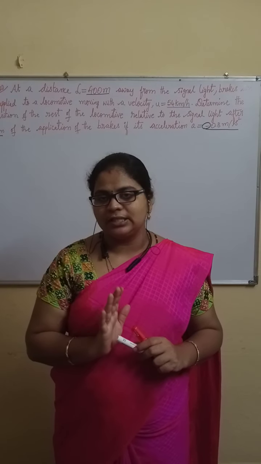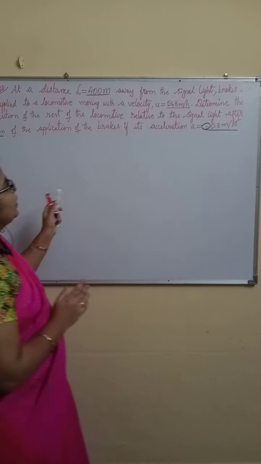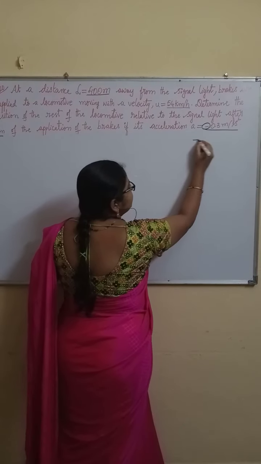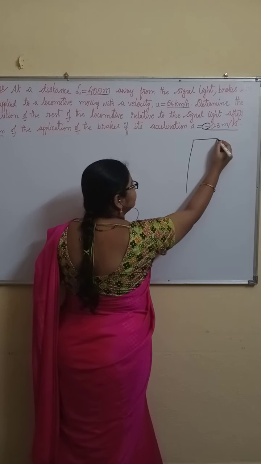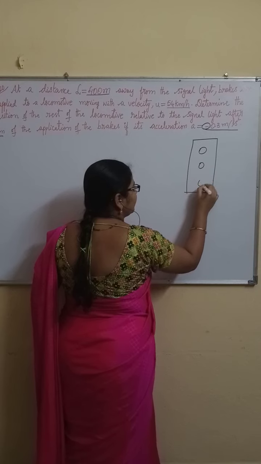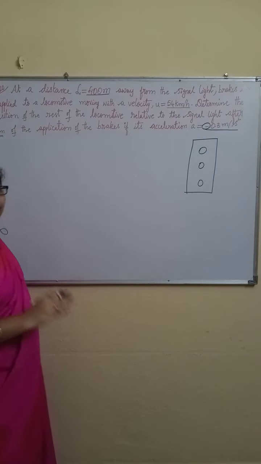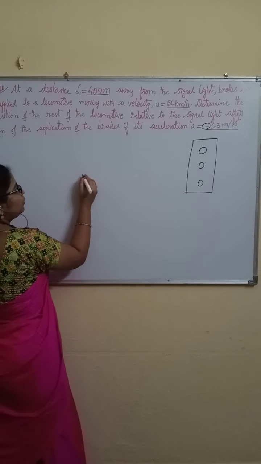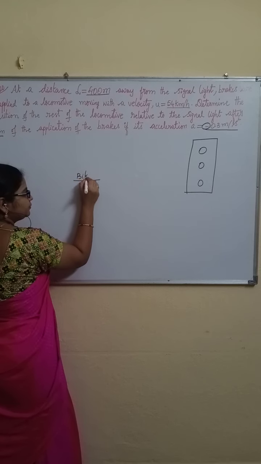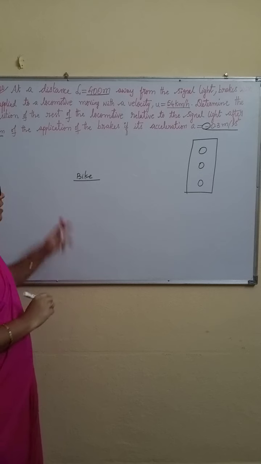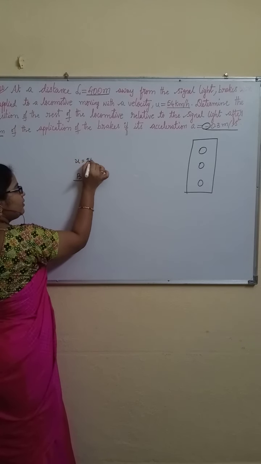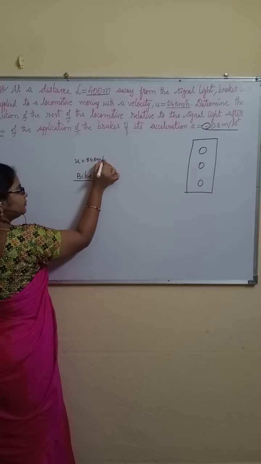We have understood this. And coming to the question, everyone, this is one traffic signal. Now, the bike is coming. Now, the bike is here. Locomotive is nothing but a bike. Here, it has initial velocity that is 54 km per hour.